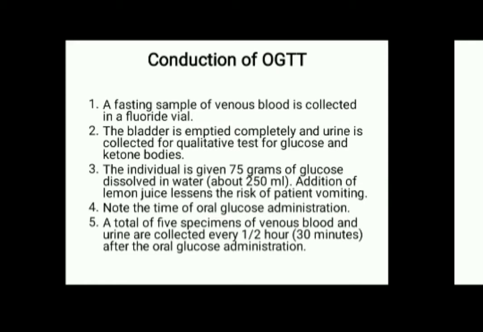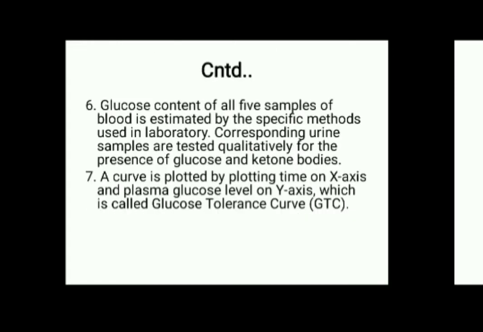Note the time of the oral glucose administration. Afterwards, a total of 5 specimens of venous blood and urine are collected every 30 minutes after the glucose administration. Once all the 5 samples are collected, estimation of these samples is performed by specific methods used in the laboratory.